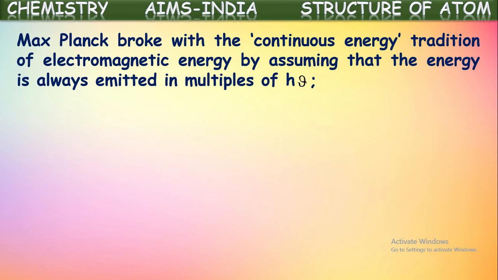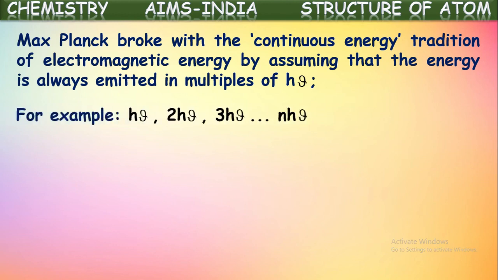So he assumed that the energy is always emitted in multiples of h nu. For example, 1 h nu, 2 h nu, 3 h nu, and so on till n h nu. In this way, the energy is emitted in multiples of h nu.